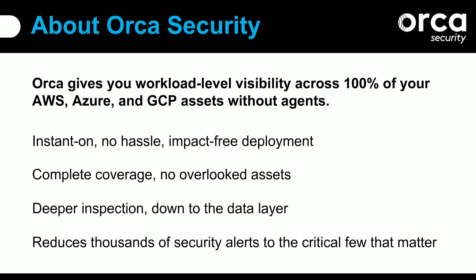We're able to provide complete coverage to the workload, application, and data layers, and using the metadata that the cloud provides, even reduce the large number of issues that we detect to the few that actually matter and can be exploited by external attackers.